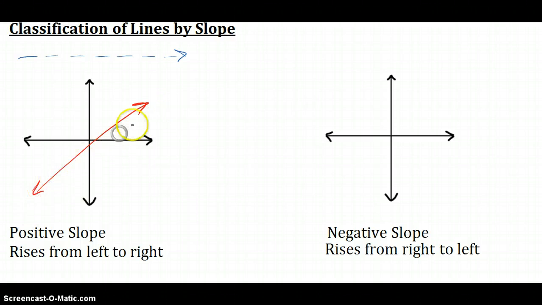It's rising from left to right. If you have a negative slope, that means that your graph is falling from left to right. So if you pretended that you were walking this way, from left to right, if now I'm walking down the stairs, that means I have a negative slope.